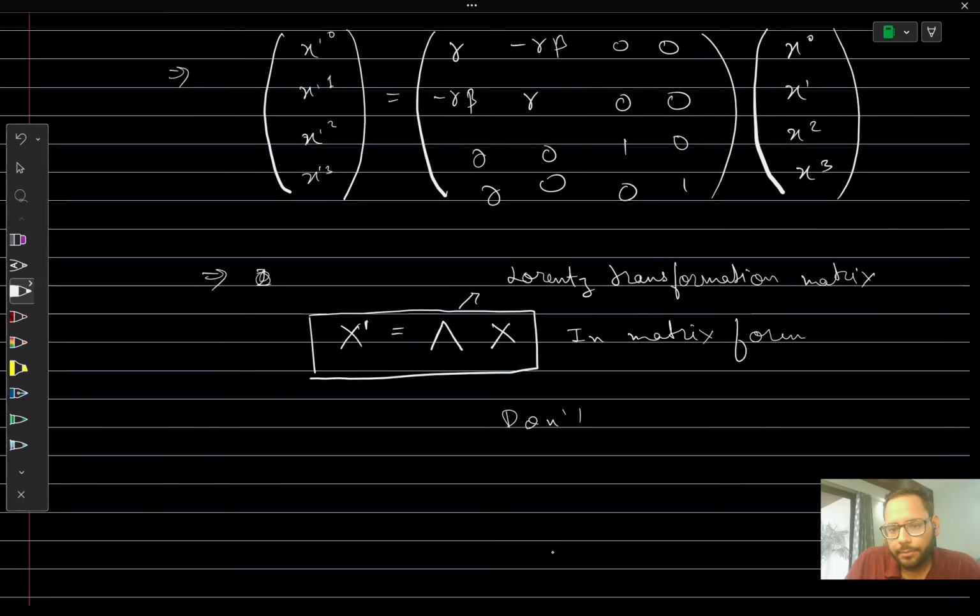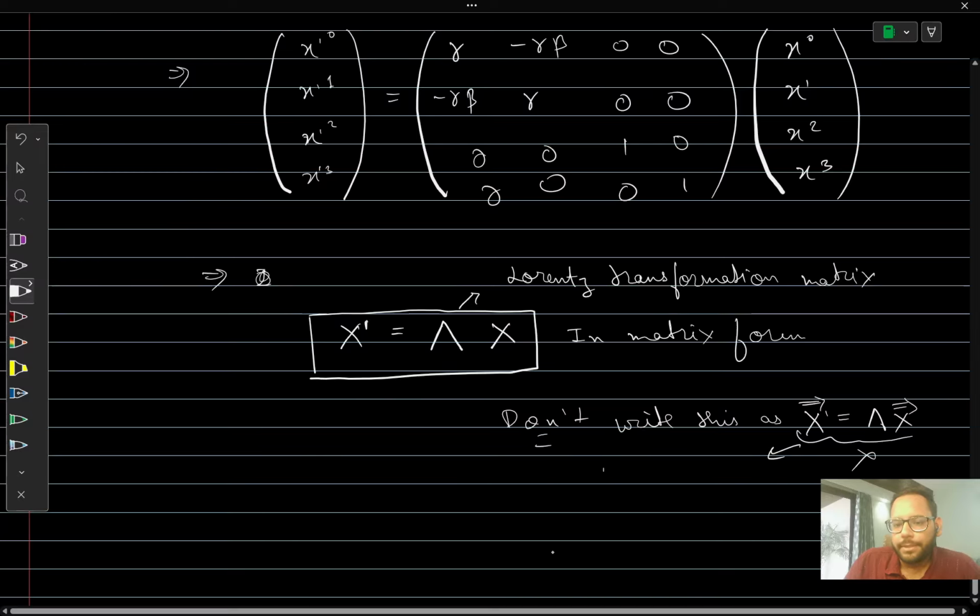Don't write this as x, four vector, transform to transform from this. This is a wrong notation. Don't write this, because this implies an active transformation, not a passive transformation.